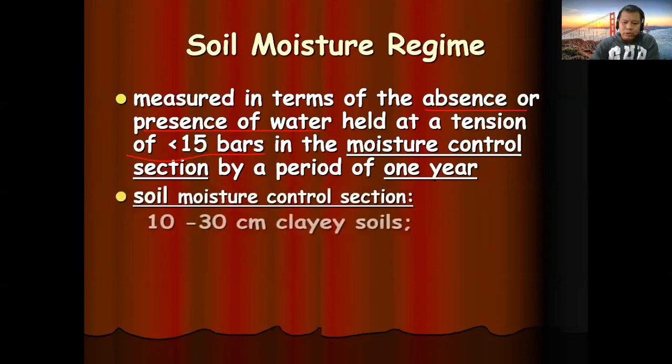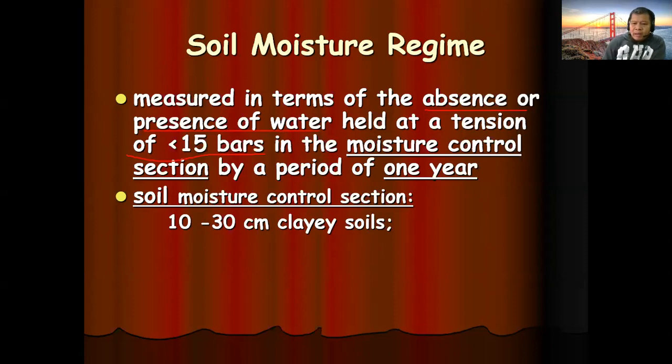Okay, the soil control section. So unlike doon sa soil temperature regime, where the soil control section is 0 to 50 centimeters, for soil moisture regime the control section varies according to different types of soils.